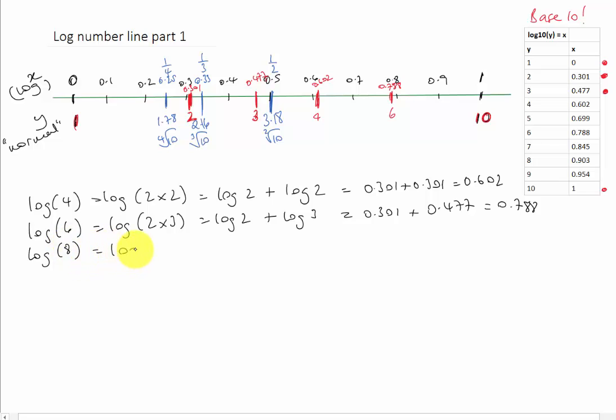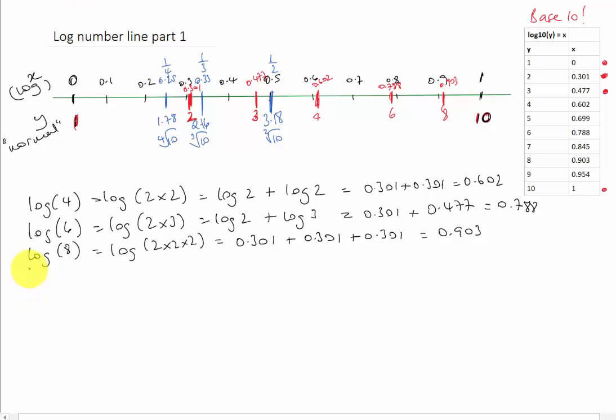Log of 8 is the same as the log of 2 times 2 times 2, which is the same as 0.301 plus 0.301 plus 0.301, or 0.903. This is 8, 0.903.